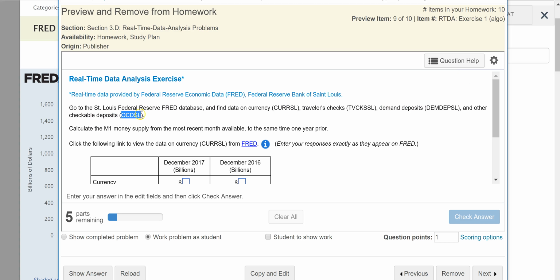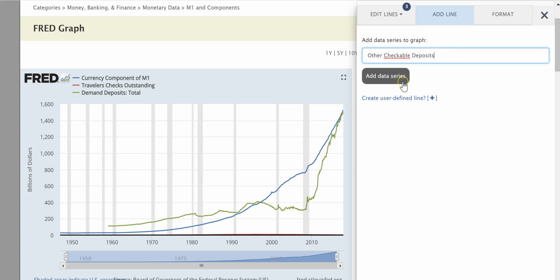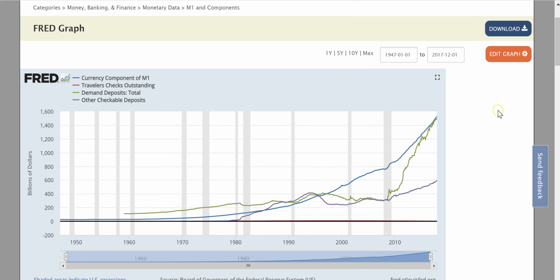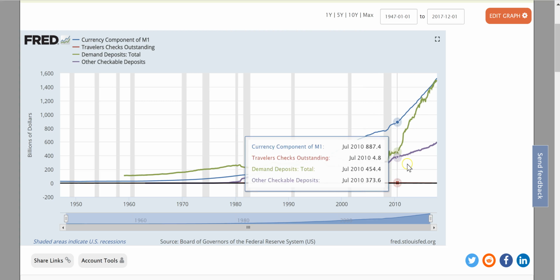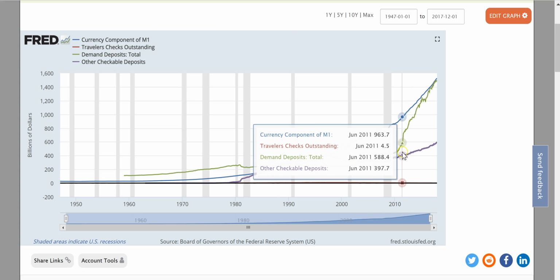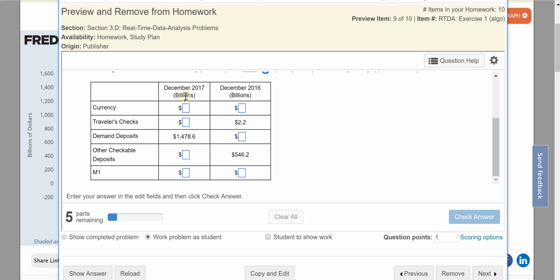Just put this symbol down and close this menu. Now if you move the mouse to any point on this chart, you can read 4 numbers with different colors. With that, we can answer this question.